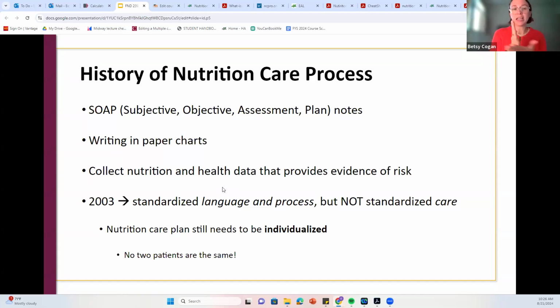We are providing in-depth, individualized plans of care. And all of this language and standardized formats was established in 2003. So since then, right, we can use the NCP to get these diagnoses and assessments and then treatment plans to our patients in an individualized manner.